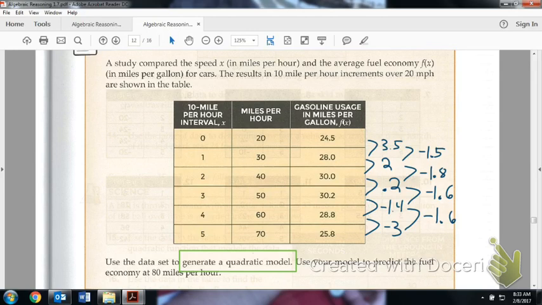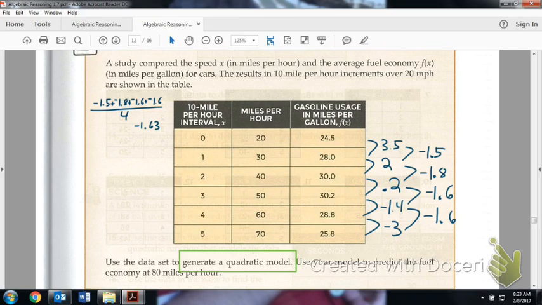Add them up, divide by 4. Negative 1.5 plus negative 1.8 plus negative 1.6 plus negative 1.6 divided by 4 is negative 1.625, so I'll round to the second decimal, negative 1.63. That's going to be our average second difference.